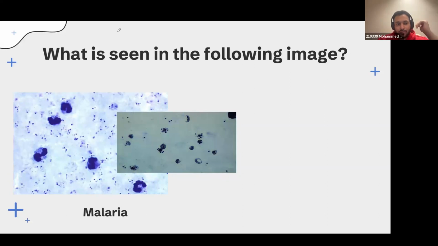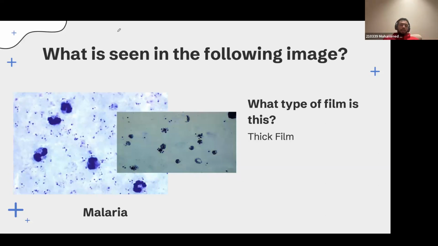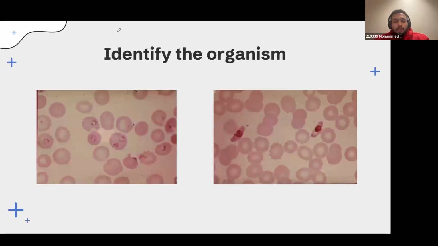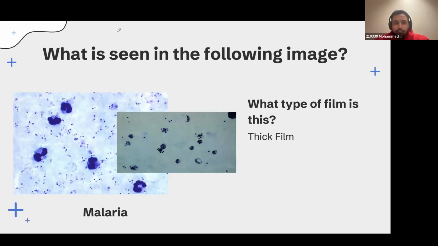Is it thin or thick? Thick film. Good. Okay. In thick film, you basically destroy the RBC. So you won't be able to look into what's inside the RBC. So you'll only see the parasite, which is malaria. You cannot subclassify what the parasite actually is in thick film. Okay. So that's that.